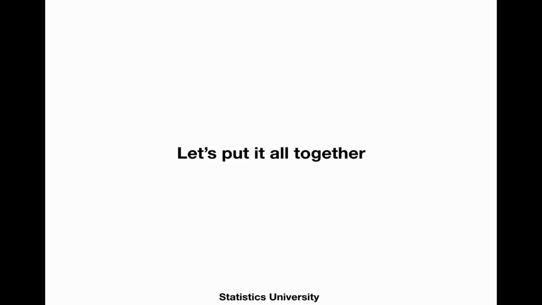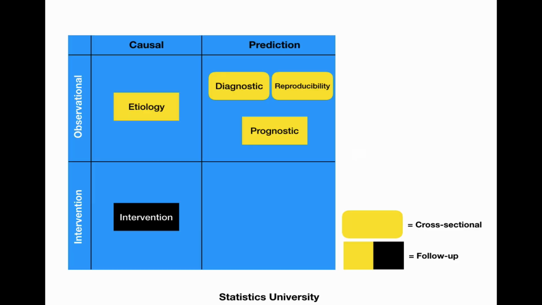Now if we put all of this together, we can subdivide the study designs accordingly into observational research, with etiology being the causal research type, and diagnostic, reproducibility, and prognostic research being prediction research that is observational.